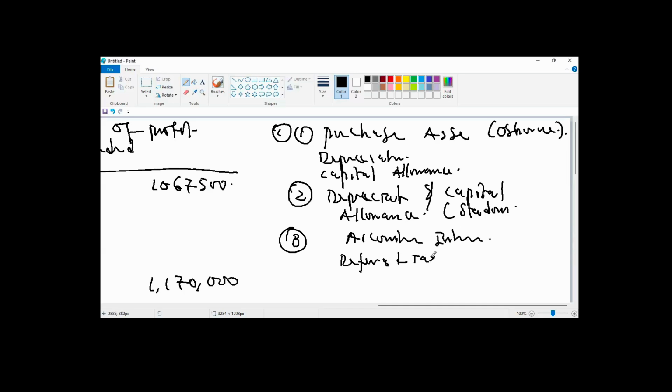We are talking about deferred tax assets, and we are talking about deferred tax liability. My sister, you will be thinking of SOFP.